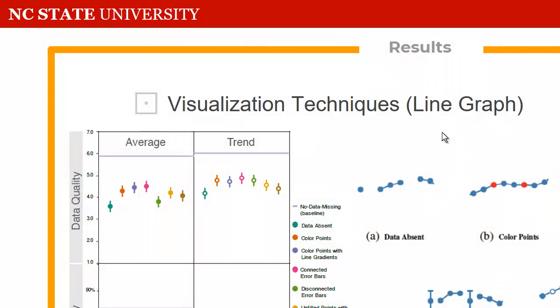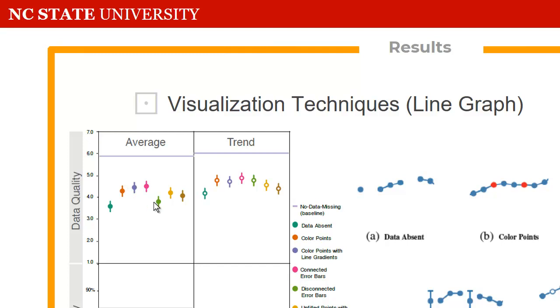And so the results of averaging and trending tasks are shown here. This is for the first factor, visualization technique, for the line graph. And 1 information removal, 2 highlighting, 2 annotation techniques, and 2 downplaying were used. Based on the result of the averaging task, we can see that highlighting has higher data quality.